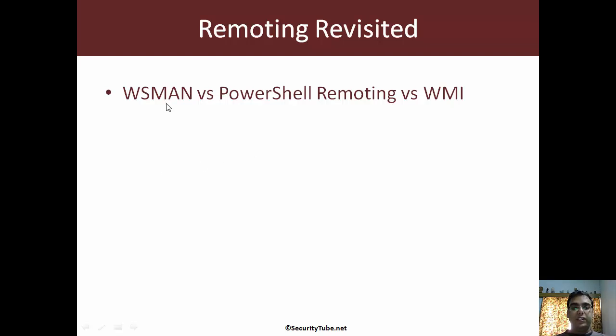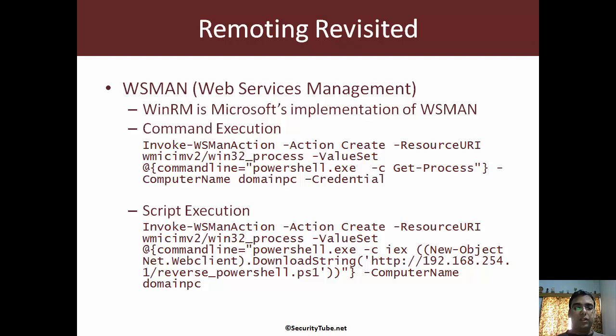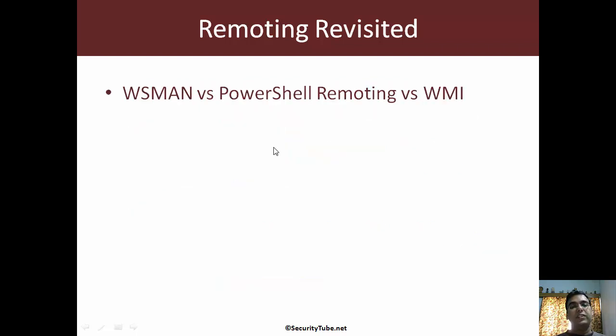Another thing with WSMAN is that it is a direct implementation of an industry standard, so it is possible to use, for example, Invoke-WSManAction to interact with non-Windows devices in a network.